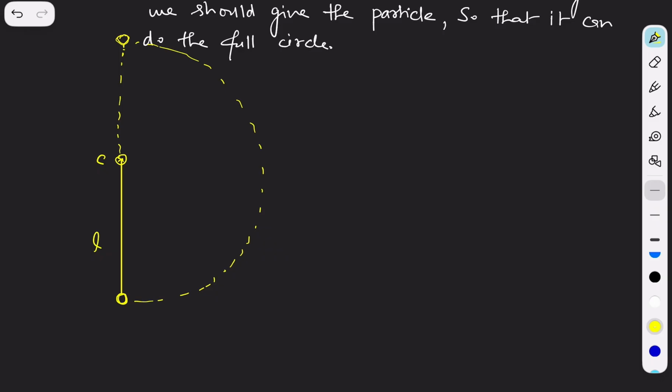If it is following the circular path, everywhere the centripetal condition should be fulfilled. If the centripetal condition is not getting fulfilled, then a problem is going to happen. So guys, let's try to understand.